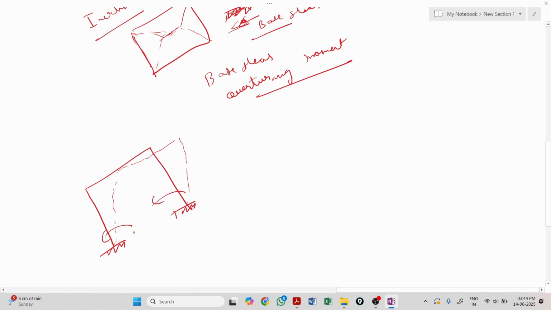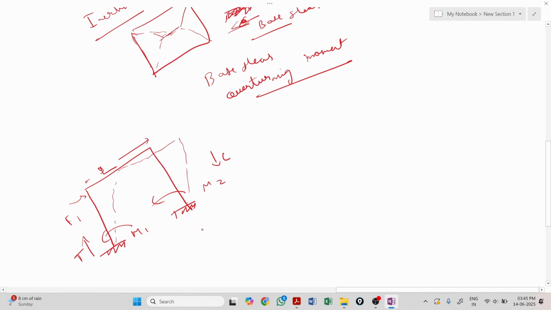Correct. There will be moments M1 and M2. And due to this force, keep this to be L length. Now imagine there is a force acting, and due to that there is a tension in here and there is a compression. Correct.